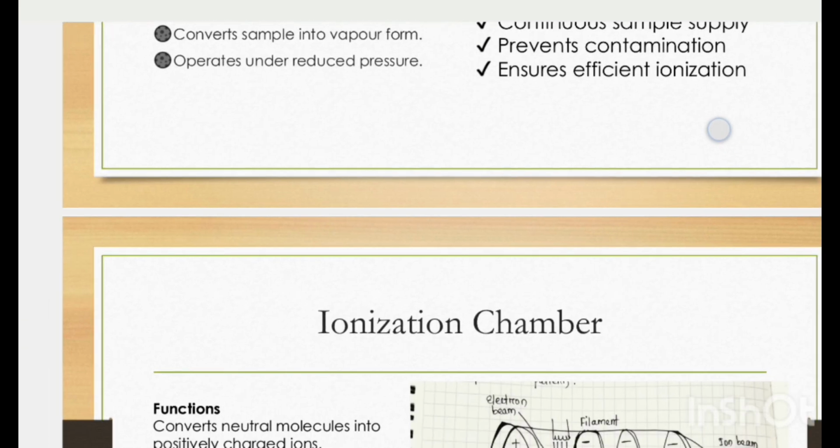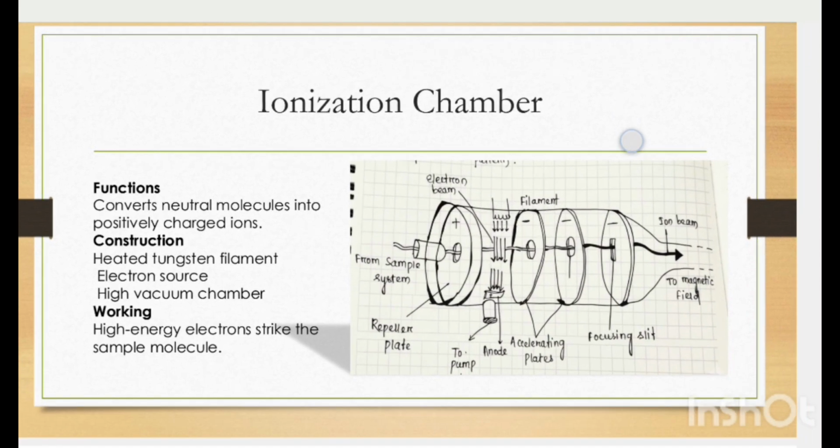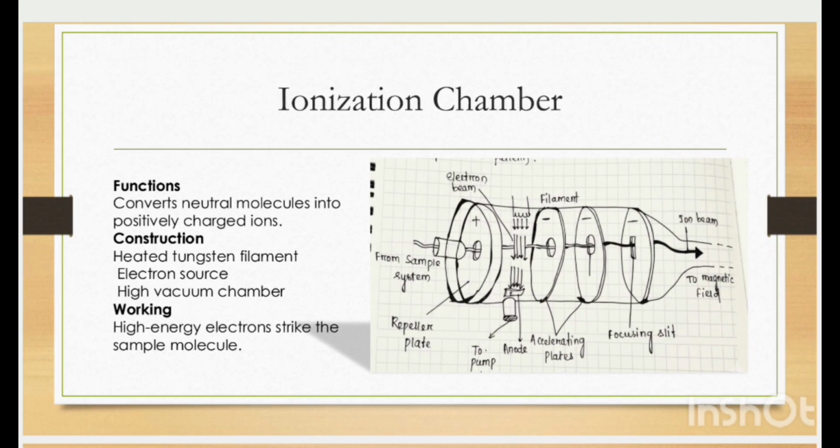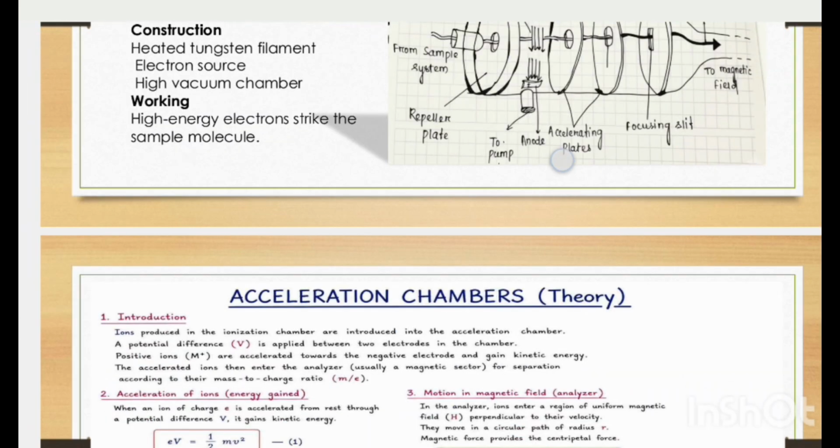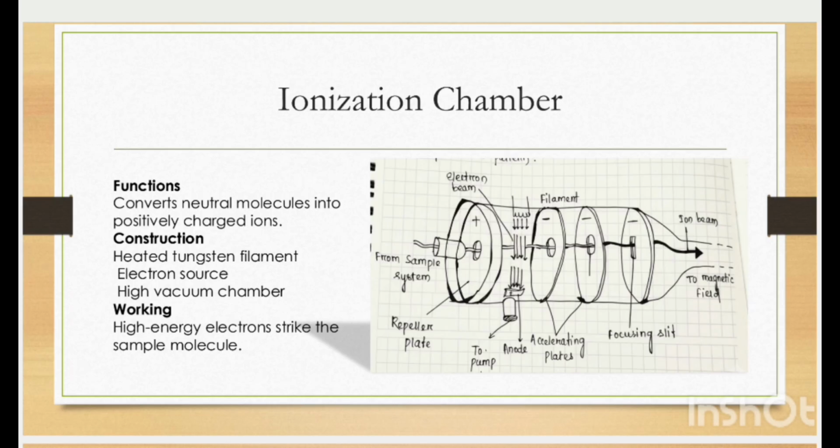After entering the instrument, the sample reaches the ionization chamber. The function of this chamber is to convert neutral molecules into positively charged ions. Its construction includes a heated tungsten filament, electron source, and high vacuum chamber. Its working: the heated filament emits high energy electrons. These electrons strike the sample molecules and remove an electron from them.